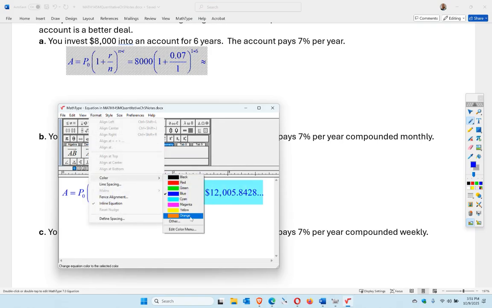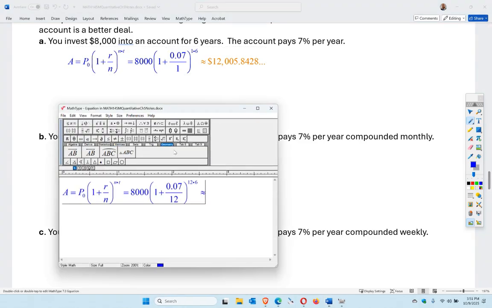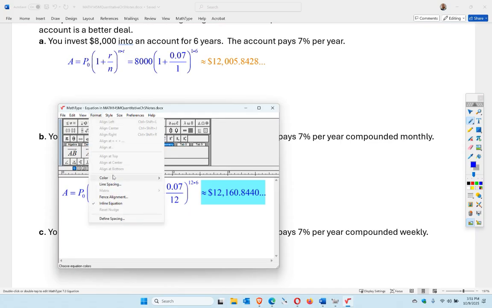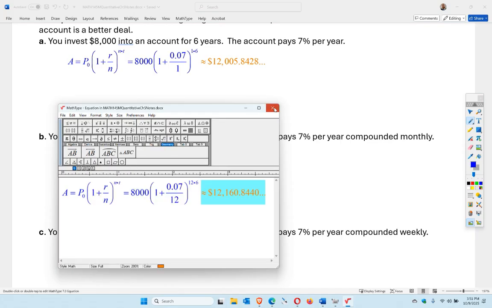Format color orange. Okay. The next one is dollar amount 12,160.8440... And the last one was dollar amount 12,172.2540... All right, hopefully I got that right.